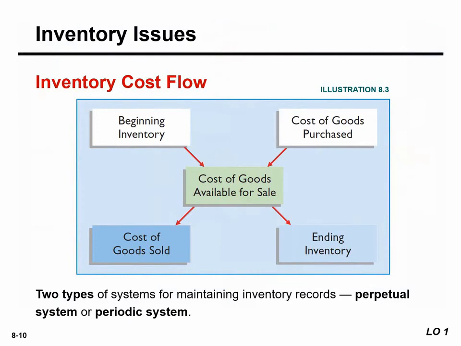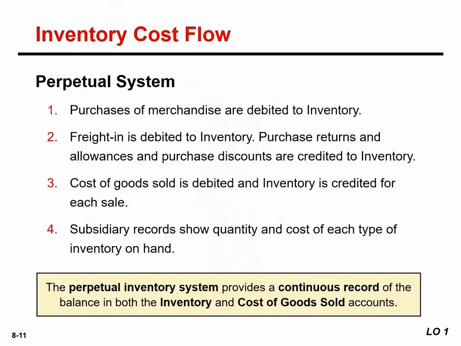Now we will also talk about two systems used for inventory valuation. The first is called the perpetual system and the second the periodic system. So first of all, let's start with the perpetual system.